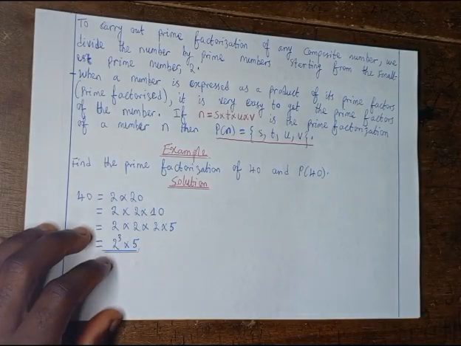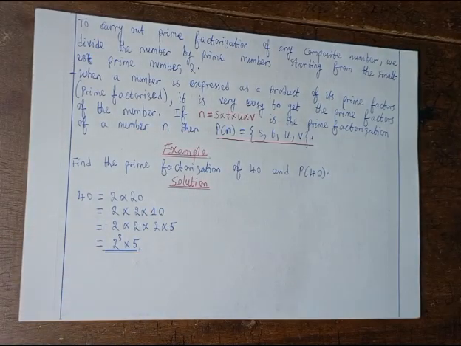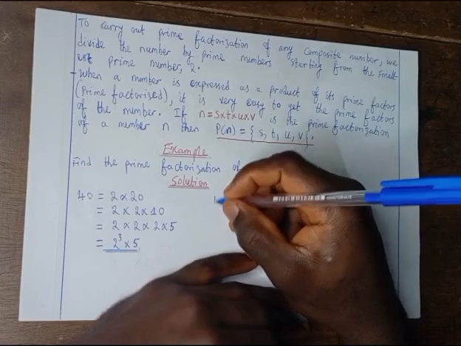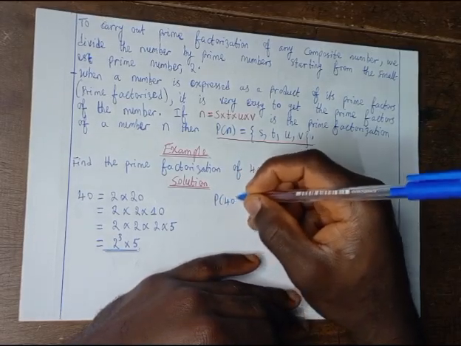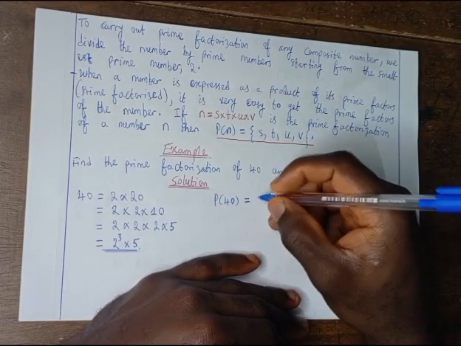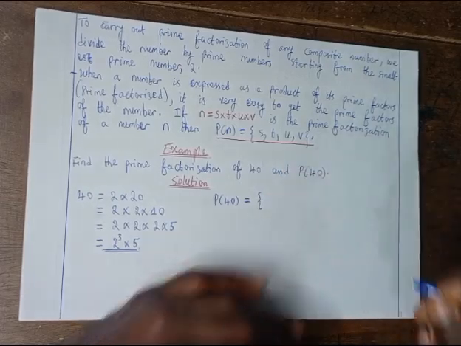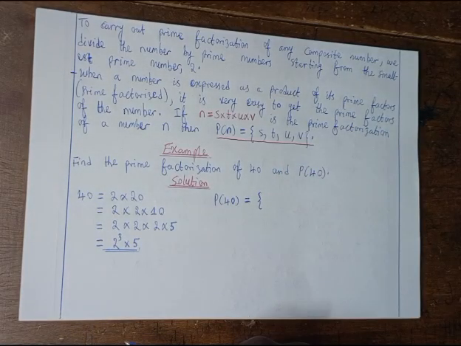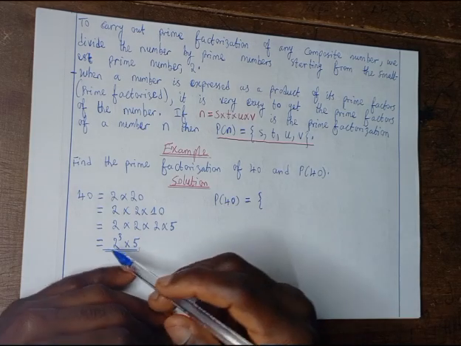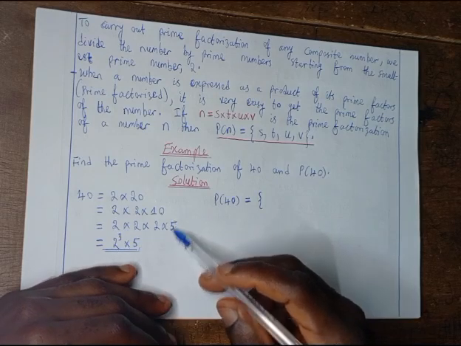Next thing we have to write the prime factors of 40. We said P of 40 will simply be equal to, we are simply going to copy all the prime numbers we see in the prime factorization as a product. You can see here we have 2 and 5.